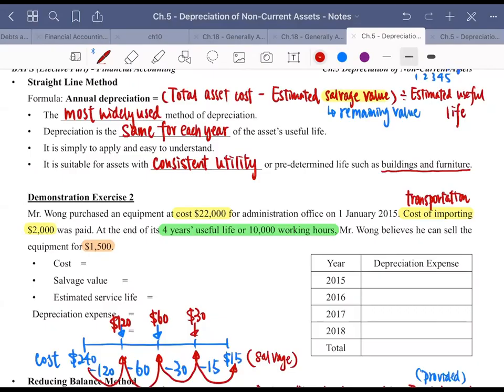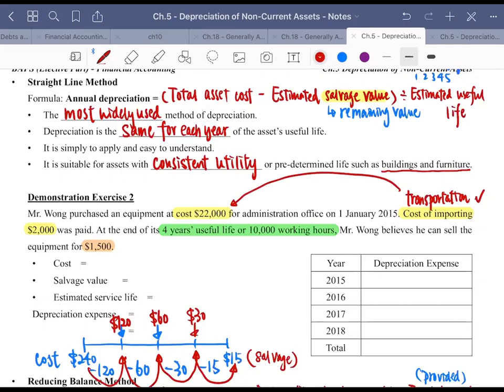Is this cost of importing compulsory, or we may say, is this a must for us to bring the equipment to our office, or is it just providing short-term benefit that we have to renew each year? Yes, it is the capital expenditure. So this $2,000 would be included in the cost of the equipment as well.